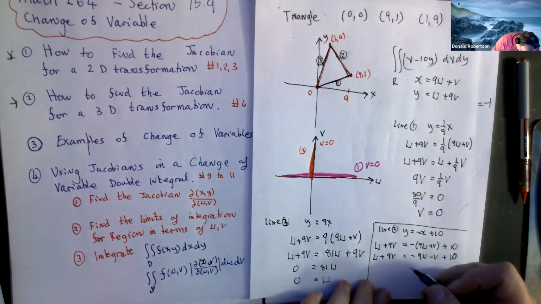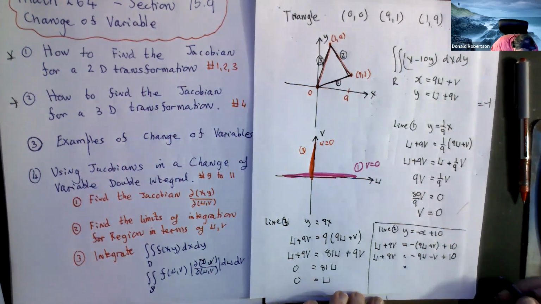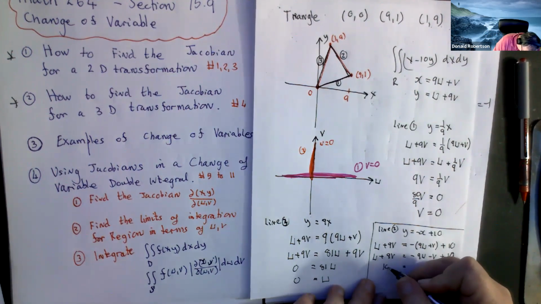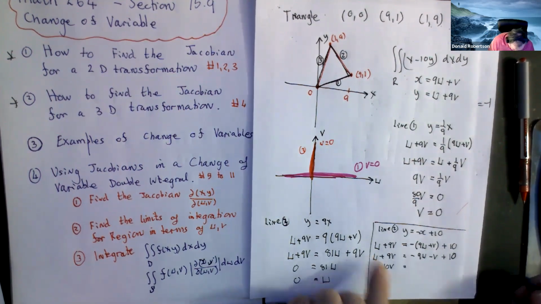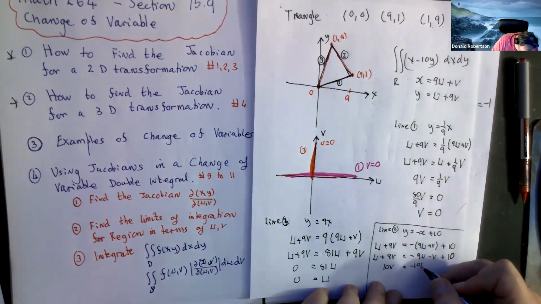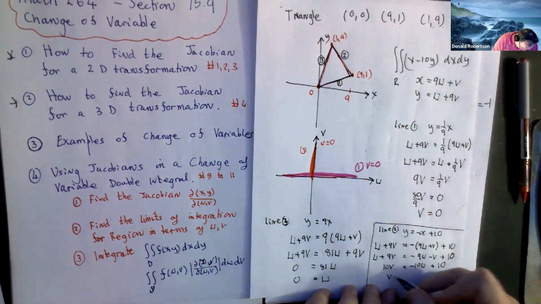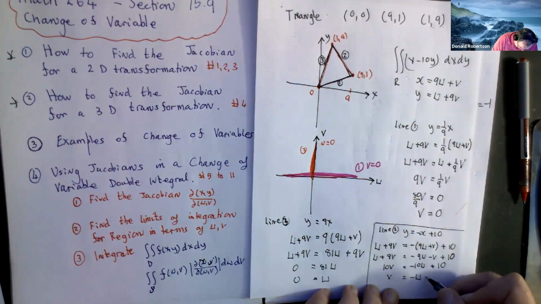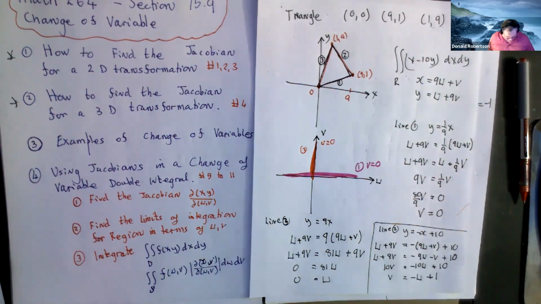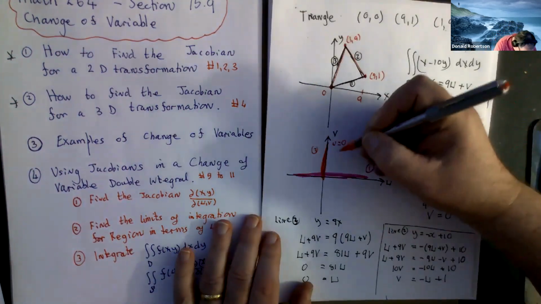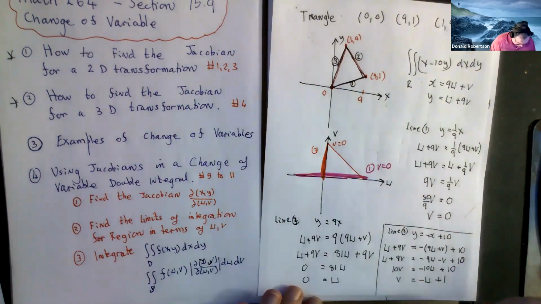So what I'm going to do here is add a V to both sides, take away a U from both sides, divide everybody by 10, and there is my third line. And my third line would look like this.